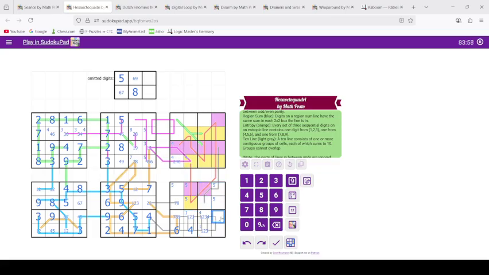If this were 1, 2, 3, 4, then we know that these two could not repeat, the 4 and whatever that was.